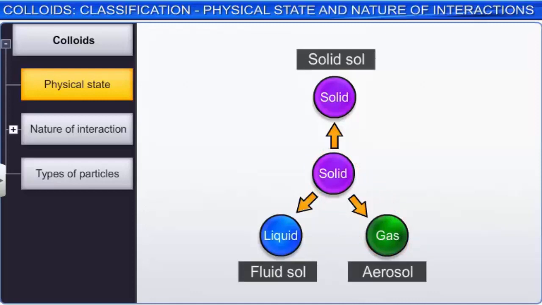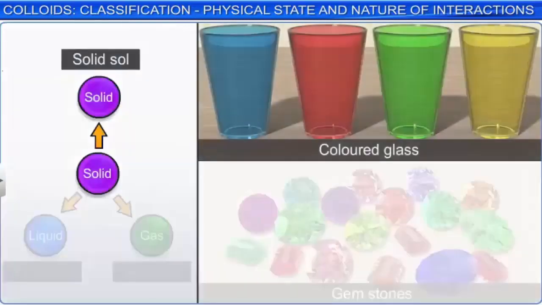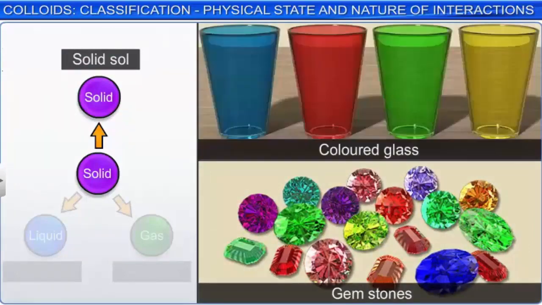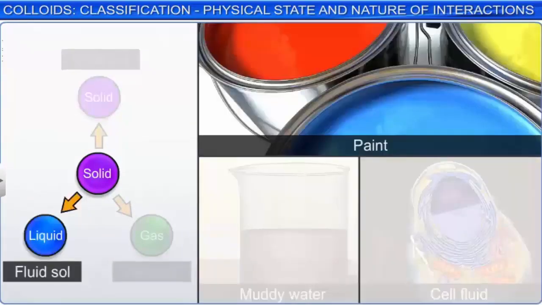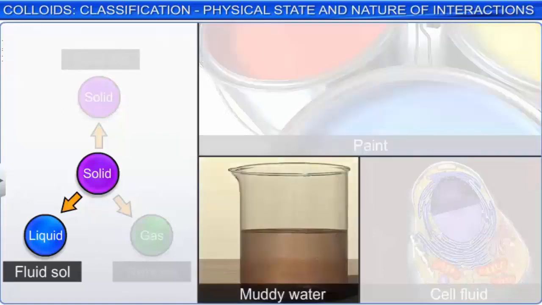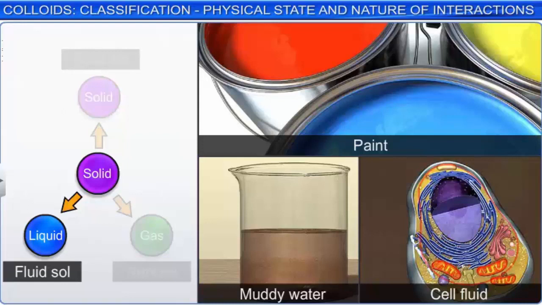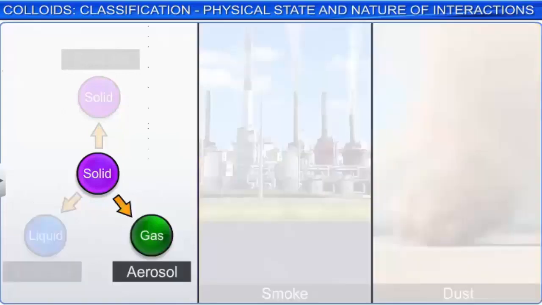Colored glass and gemstones are examples of solid sols. Paint, muddy water, and cell fluids are fluid sols. Fluid sols are mostly referred to as sols. Examples of aerosols are smoke and dust.